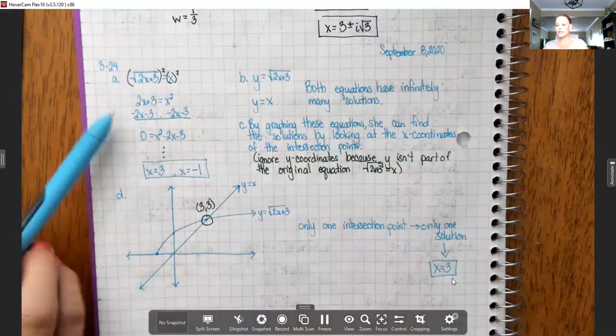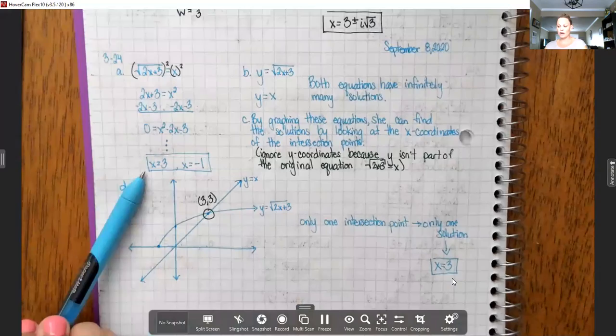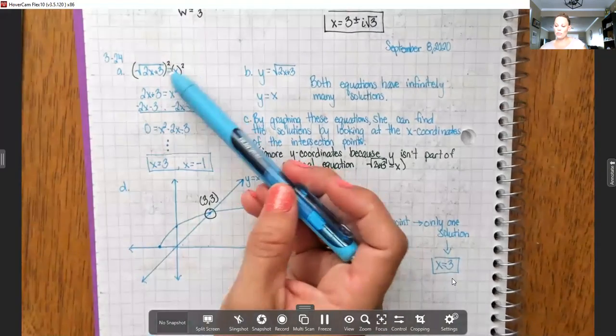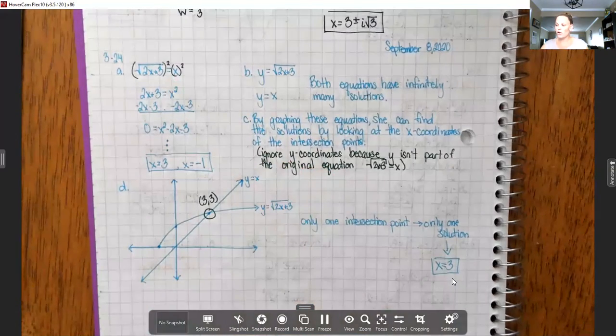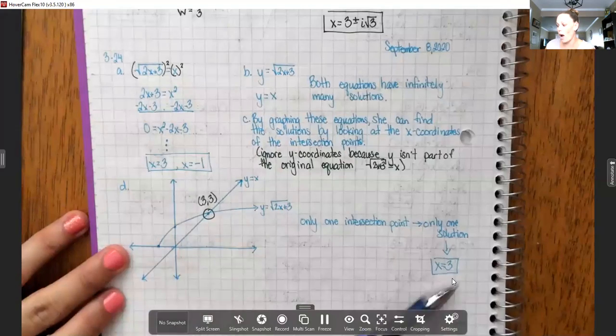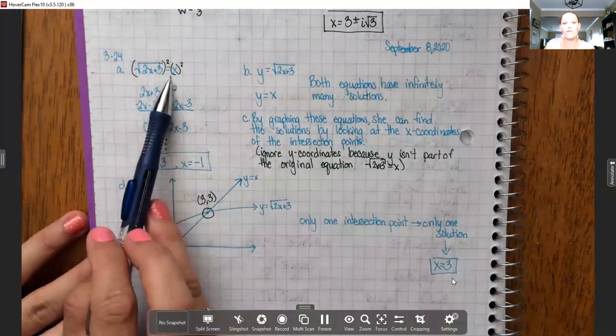The reason this happened, so we got two solutions here, when we graph it, we only get one solution. When we squared both sides of this, and you don't need to draw this, this is just kind of explaining why it happens. This equation should really only have one solution.